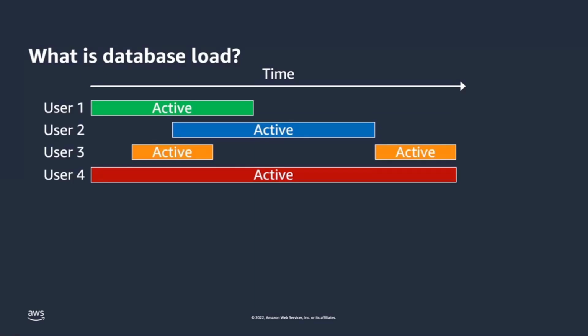Now, if multiple clients are submitting requests to the database, there will be multiple active sessions at different times for each of these clients. Right here you see different active sessions for users 1, 2, 3, and 4 at different times. And now if we count the number of sessions that are active at a given moment, we've kind of sliced it up here, and we can provide a metric, right? And that's this DB load metric.